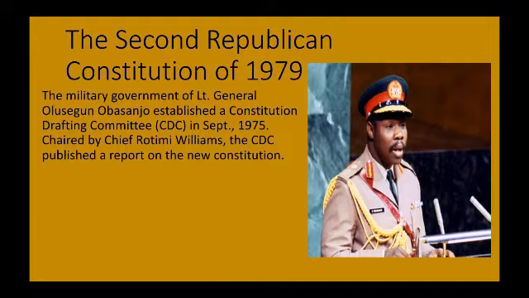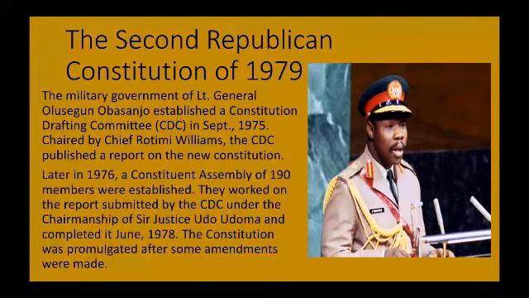And the CDC, that is the Constitution Drafting Committee, came up with certain reports about how the new constitution should be. Beyond that, the administration or regime of Obasanjo formed a Constituent Assembly.